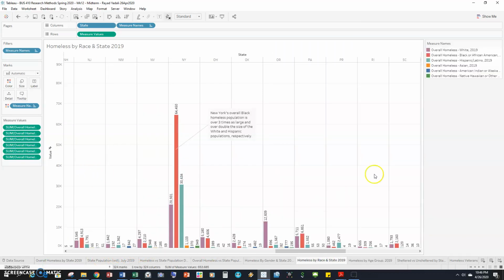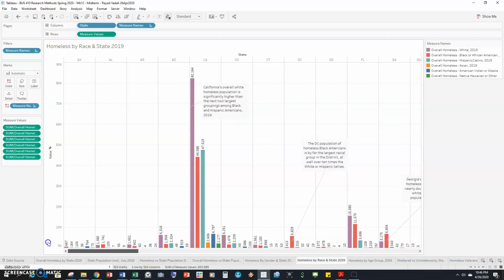Moving forward, if you go by homelessness by race and state, you will notice that there's definitely some differences. California has a much higher white homeless population compared to the next two groups in descending order, which would be, well, black and Hispanic groups.